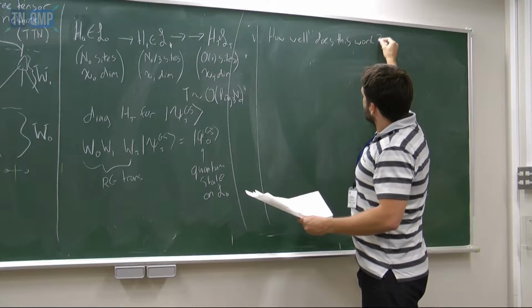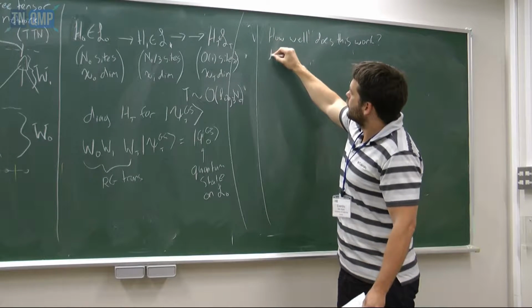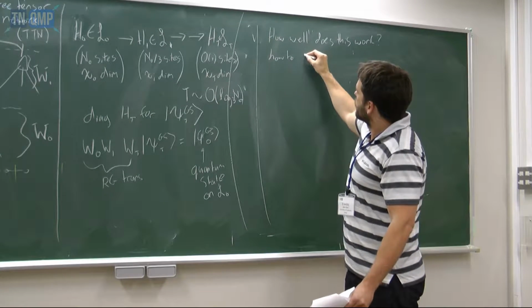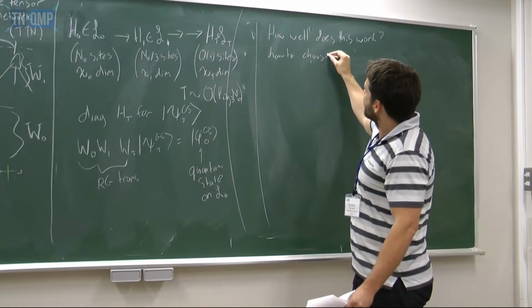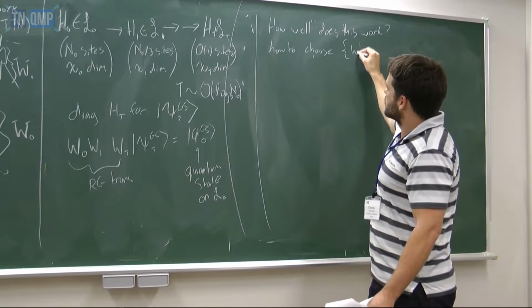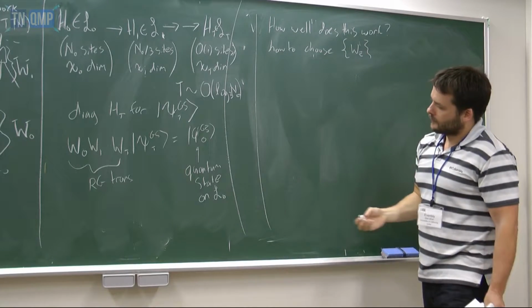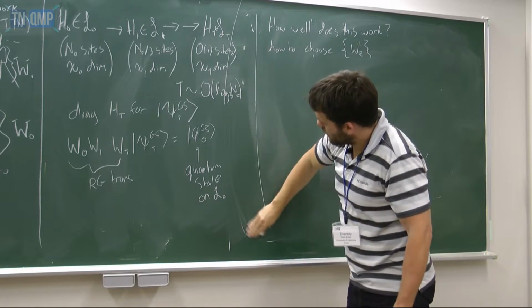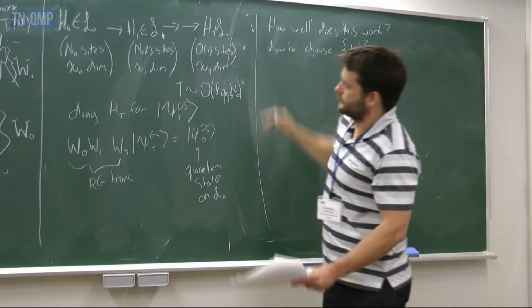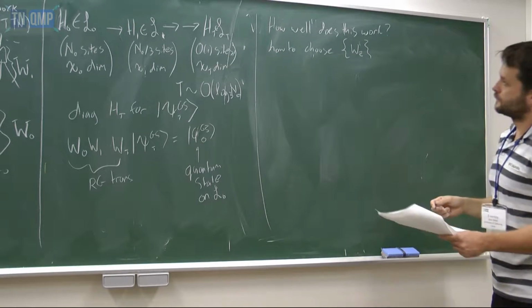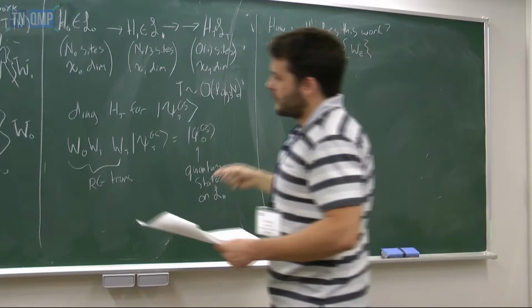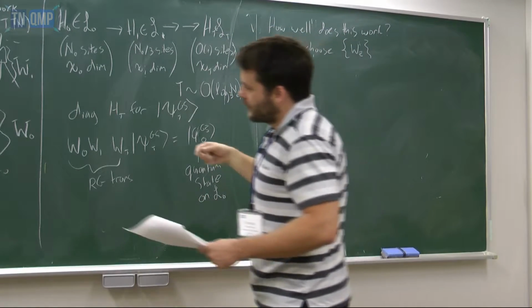Or equivalently, how to choose this set of transformations, let's say W's.